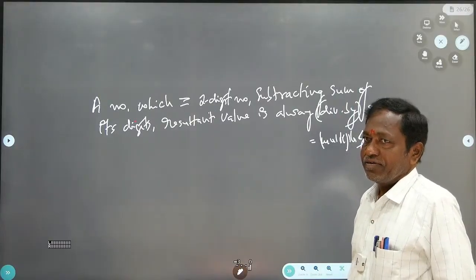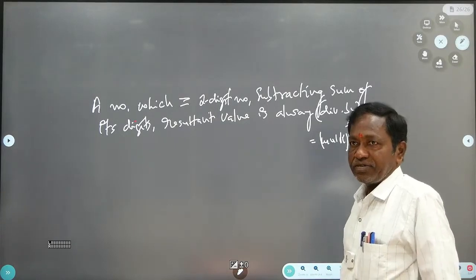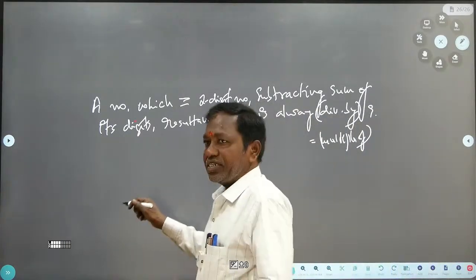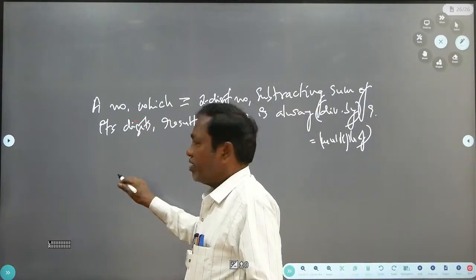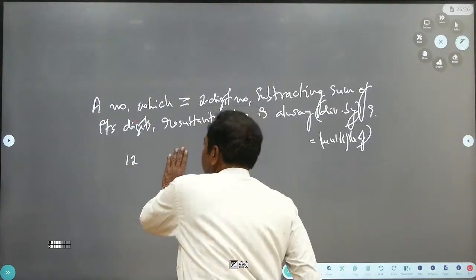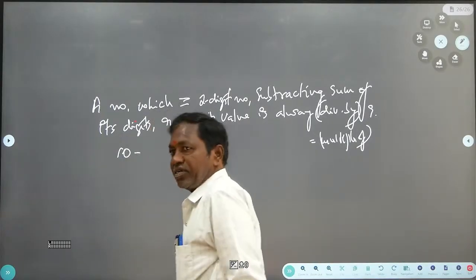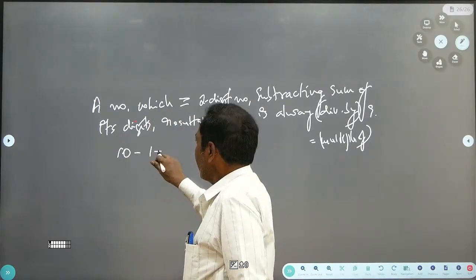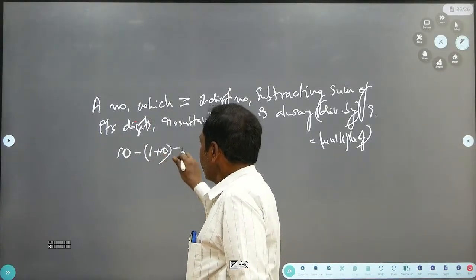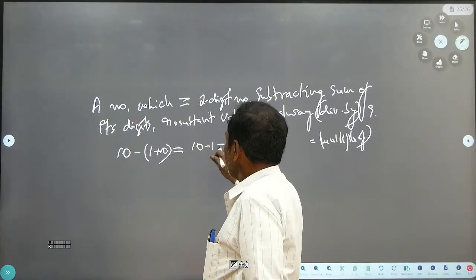Sir, why have you put subtracting the sum of its digits? Say, for example, let us take the first 2-digit number, 10. 10 minus the sum of its digits, 1 plus 0, so 10 minus 1 is 9.